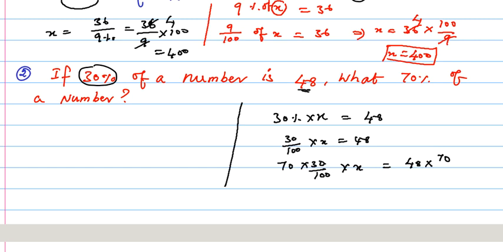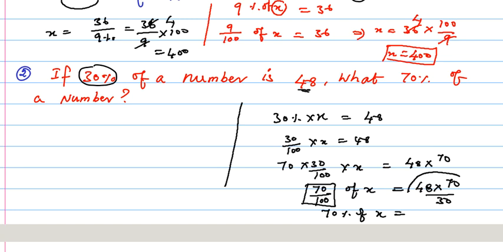Then divide by 30, shifting the 30 to the right-hand side. You make it 70 by 100 of x equal to 48 into 70 divided by 30. 70 by 100 of x is known as 70 percentage of x, which after simplification is 112. So 70 percentage of x is 112.